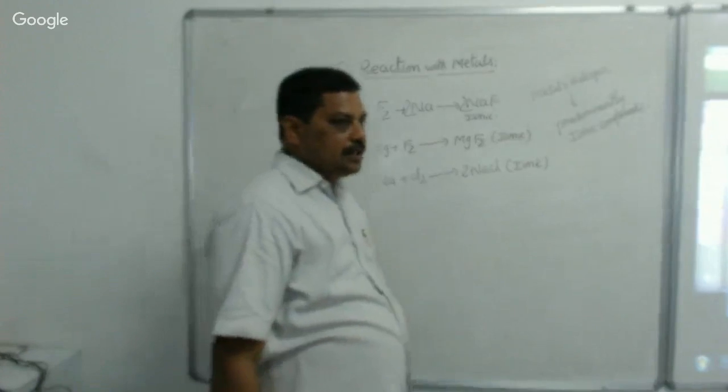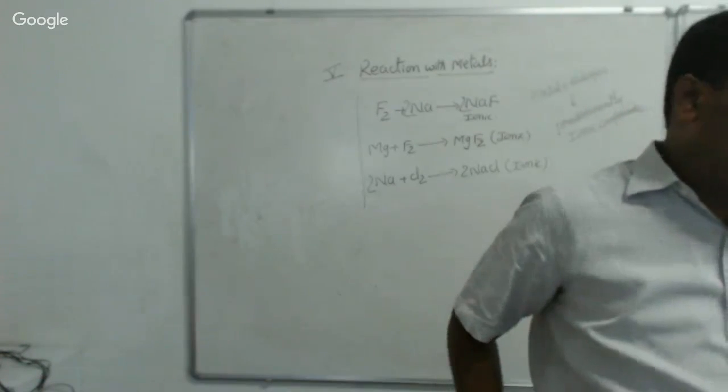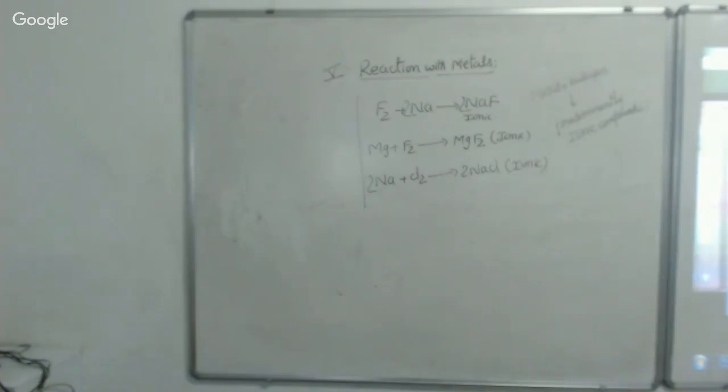So why am I using the word predominantly? Why can't I say they totally form ionic compounds? Write the reason. Among halogens, iodine has the largest size. When the halogen has the largest size, the halide ion is more polarizable.